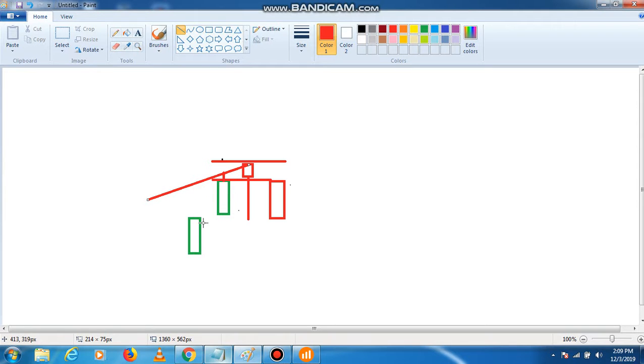If your candle has appeared like this, say a green candle had appeared like this and this, then you can avoid that. It won't work most of the time. Maybe it works, but you can avoid that. But if you see a trade with an angle like this, it should work most of the time. I will show you in IQ Option how it works.